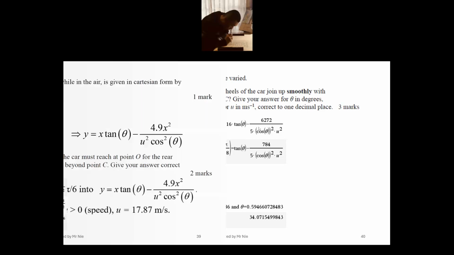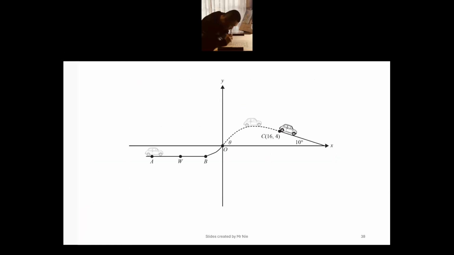Then, looking at the diagram, even though this is a 10 degrees angle, it's actually a negative slope. That's why to make sure it's smoothly joined, you have to use a negative gradient at x equals 16. The negative gradient is negative tangent 10 degrees or tangent 170 degrees.